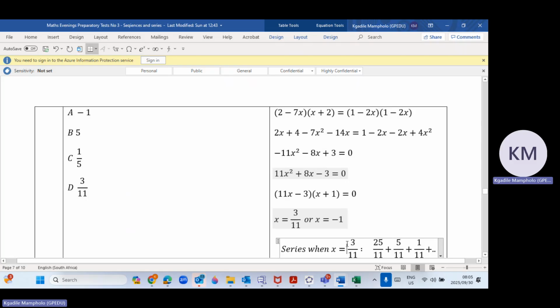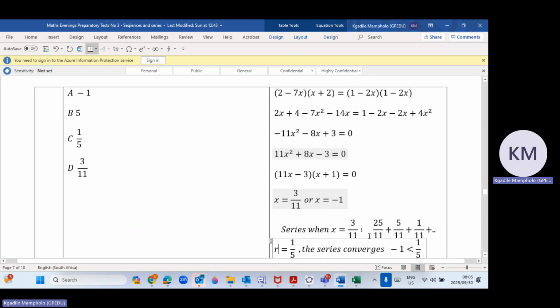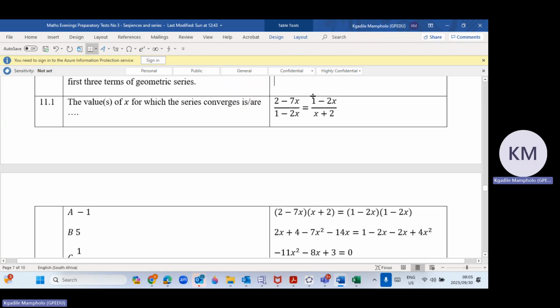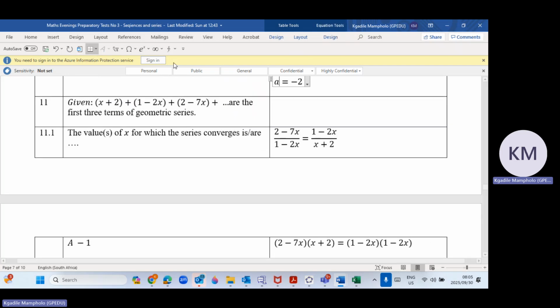Now, if you are given this kind of question where they ask you to find the values of x for which the series will converge, remember the series can only converge if r is between -1 and 1. So now we test them. We put these x values in the original terms.